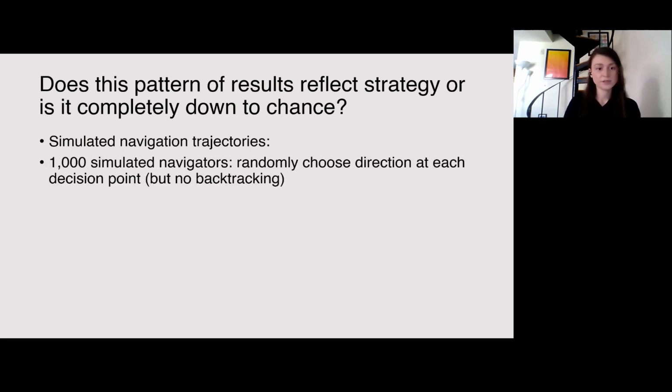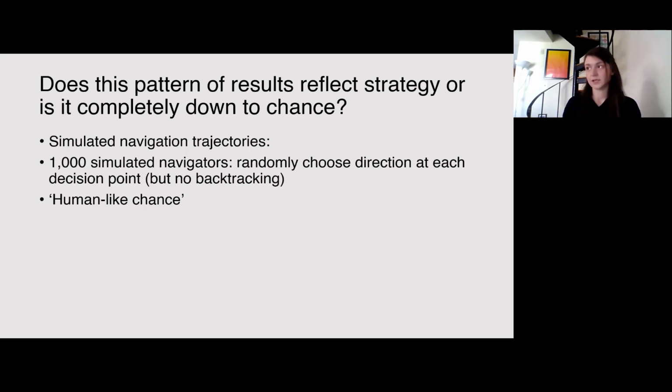And so what we did was to generate 1,000 simulated trajectories where we try to achieve this human-like chance. So not completely random movement, because people wouldn't randomly step in any direction at any given point, but rather at each of the decision points in the environment, these trajectories would randomly choose the direction they would go in, but not backtrack.